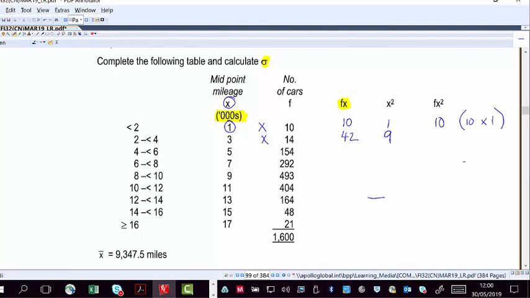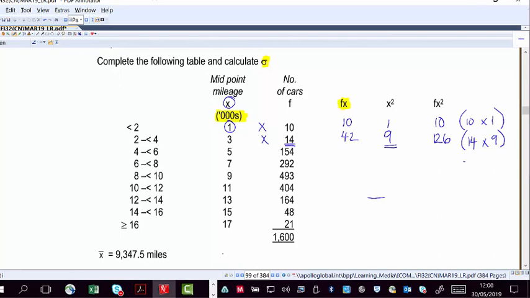And then our fx squared would be our f times our x squared, so our f here is 14 times our x squared, which is 9. So again, if I just note it in a bracket here so that you can follow through, we do 14 times 9, which would give us 126.